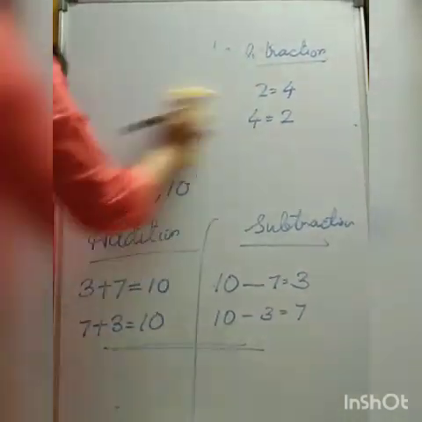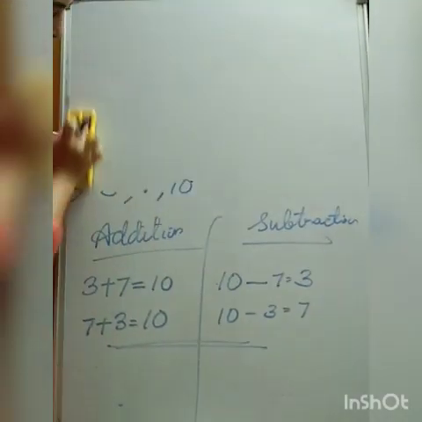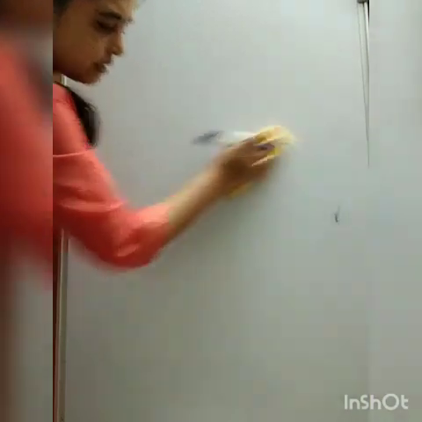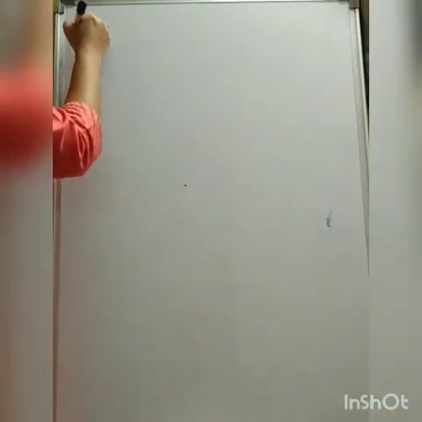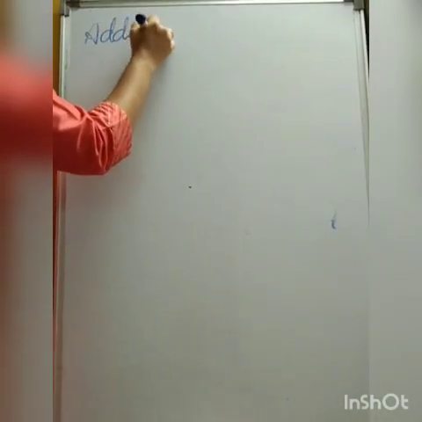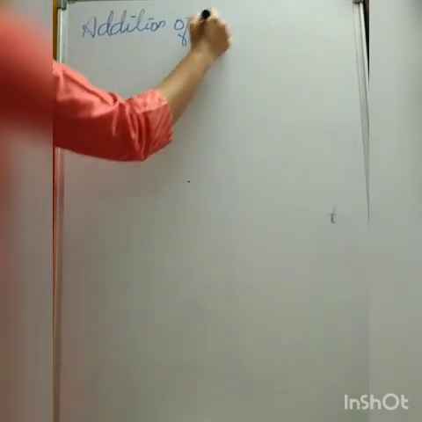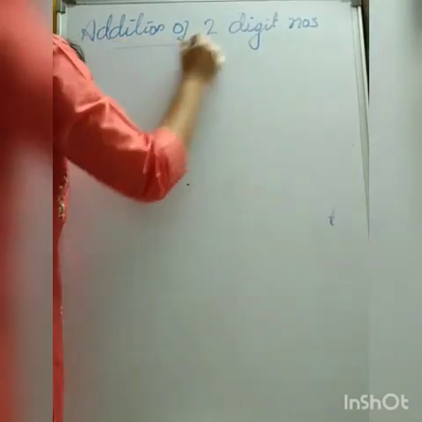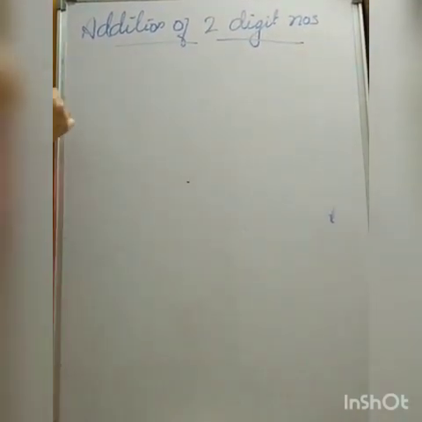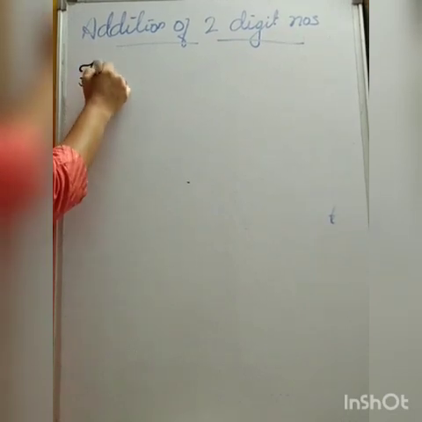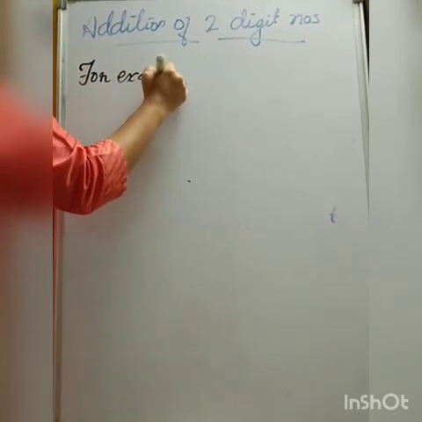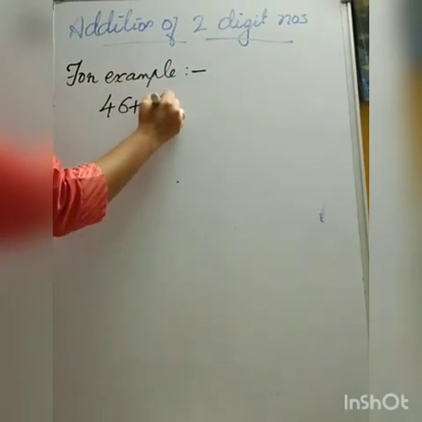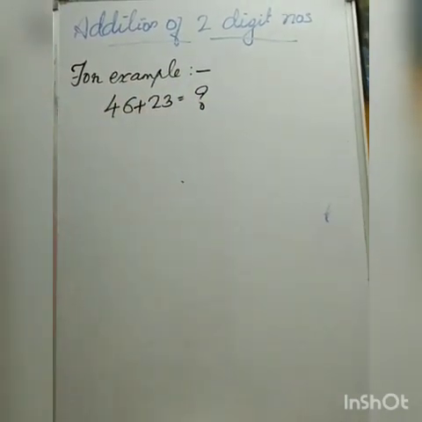Next topic, are you ready? What is the next topic I told you earlier? Next topic is addition of two-digit numbers. For example, 46 plus 23 is equal to what?